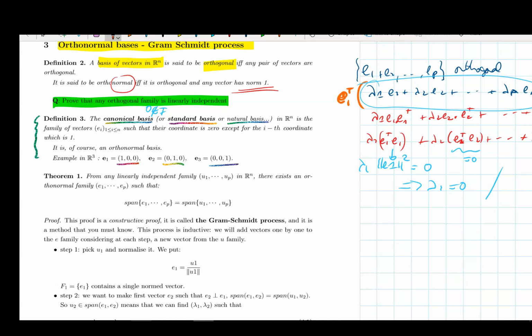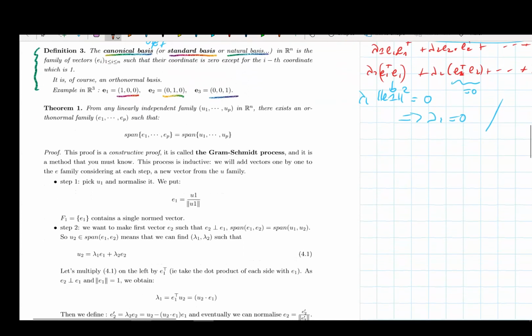Our important theorem is the following one. If I have a linearly independent family in Rn, so I've got p vectors in Rn and they are linearly independent, then I can create out of this family another family.